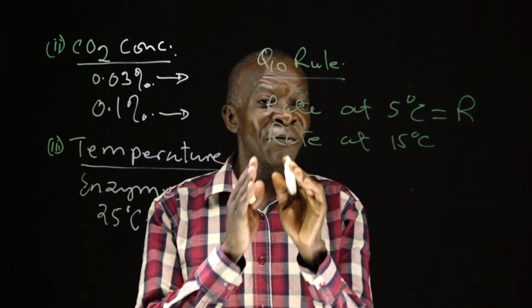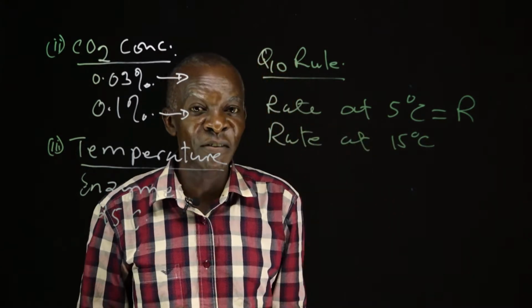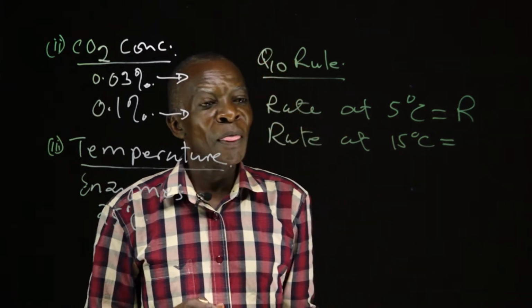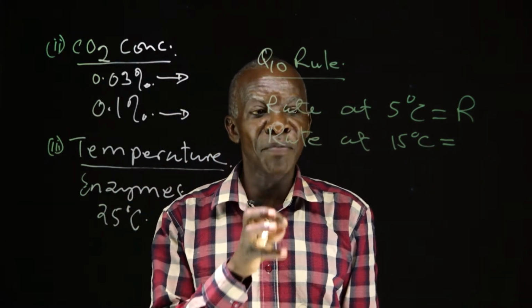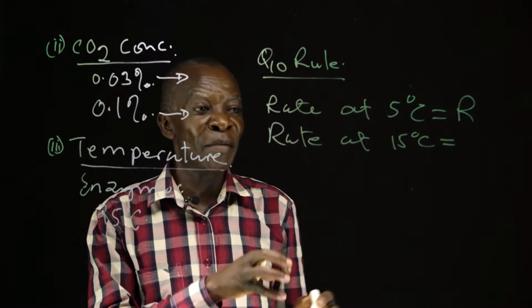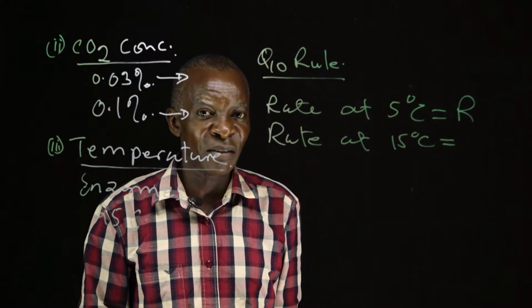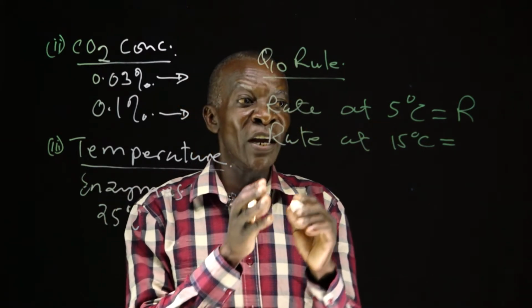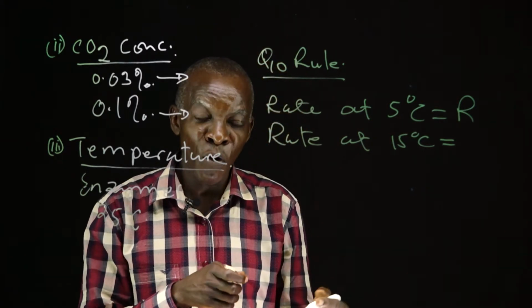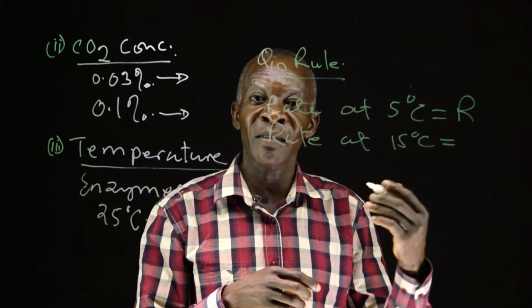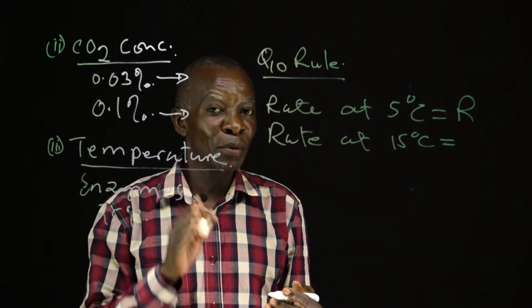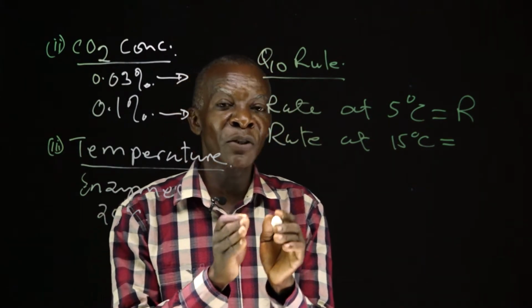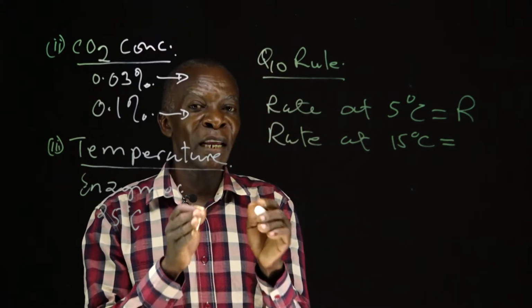If the rate of a physiological process at 5 degrees centigrade is R, and the rate of the same process at 15 degrees centigrade, remember there is an addition of 10 degrees centigrade, and we have said according to the Q10 rule that the rate of any physiological process will double with every 10 degrees centigrade rise in temperature, provided that the temperature is within the range that can be tolerated by a living system.